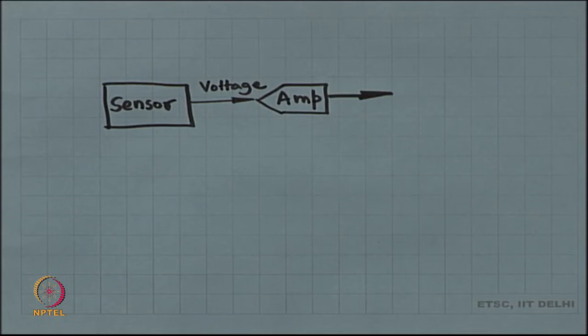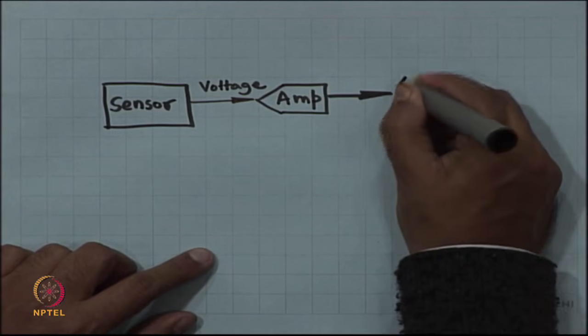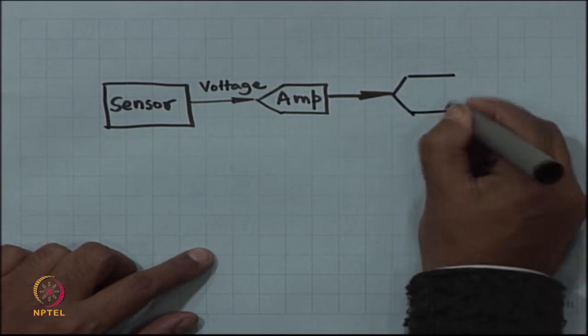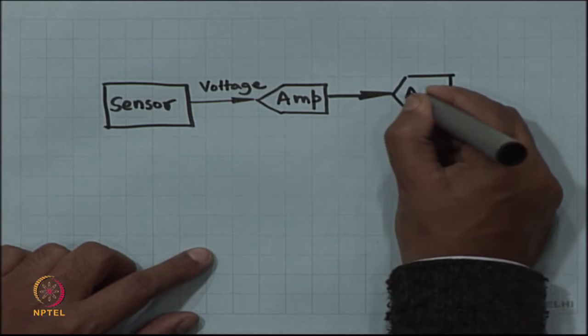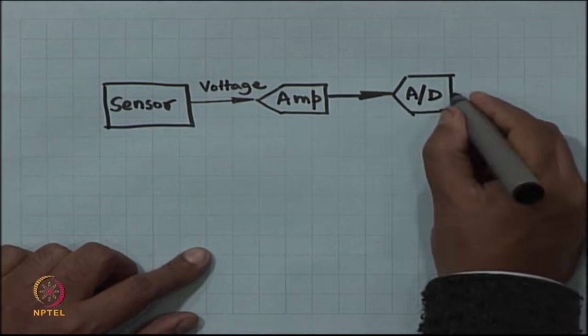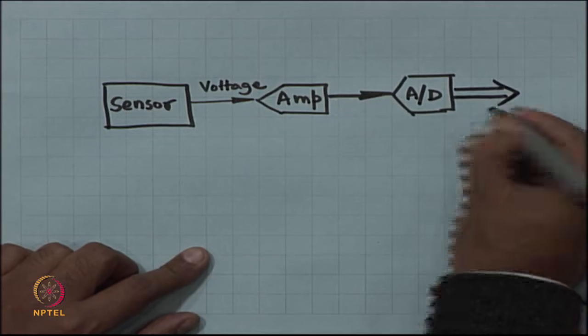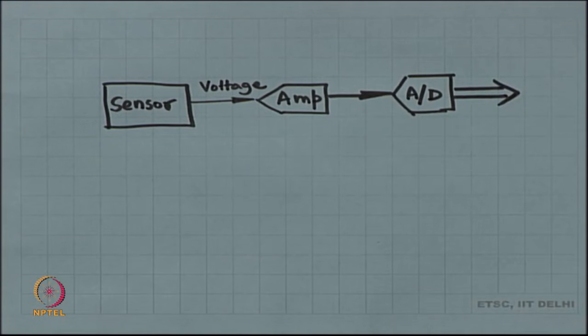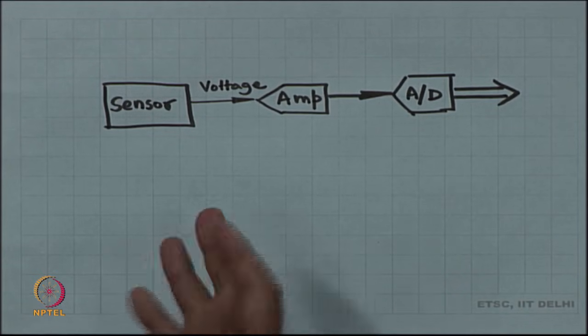And for that reason, we are going to use an amplifier. And then what are you going to do? Then you are going to use an analog to digital converter, and then you are going to take the digital samples and store it in memory or do whatever else that you want to do.